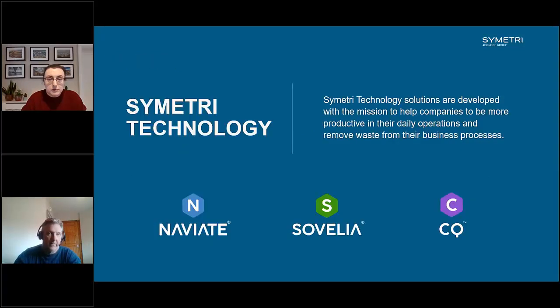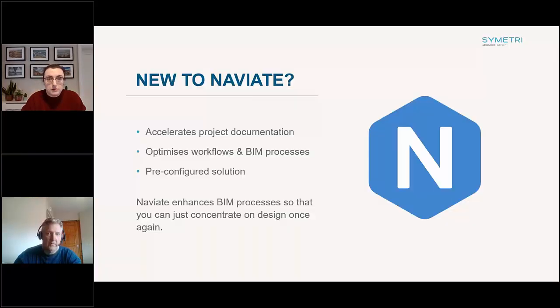We also have not only Naviate, but a suite of solutions called Cevilia and CQ, which are dedicated by our ex-industry experienced staff. For those who aren't familiar with what Naviate is, it's a solution that accelerates project documentation and optimizes workflows and BIM processes. It's a pre-configured solution, all developed by our own Symmetry tech.